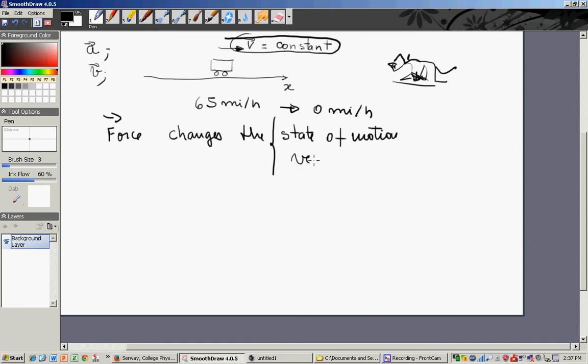I could state this in a different way: change the velocity. And velocity, remember, is not just speed, it is speed and direction. Change the velocity over a time interval.